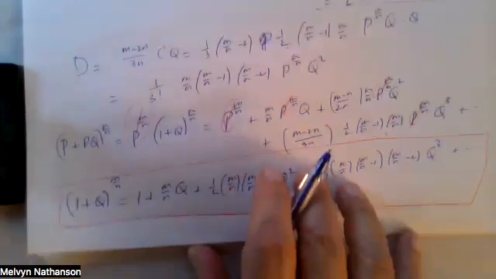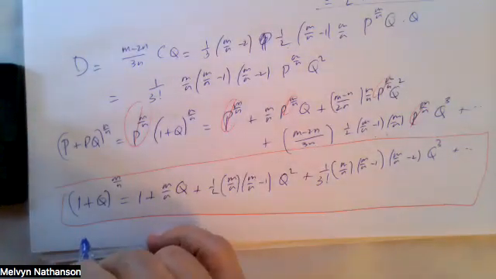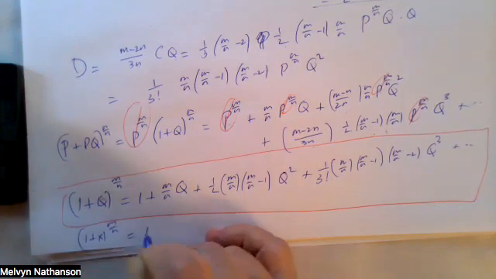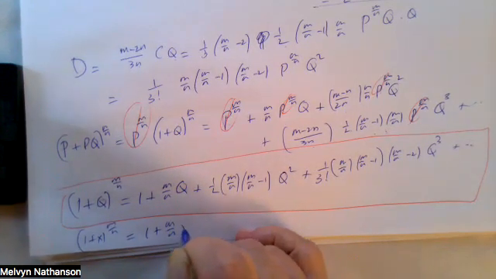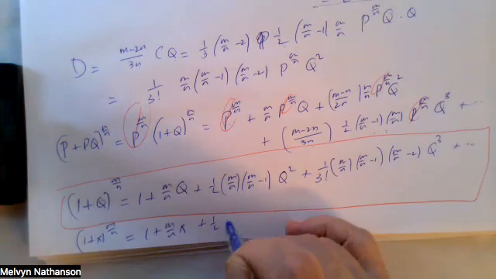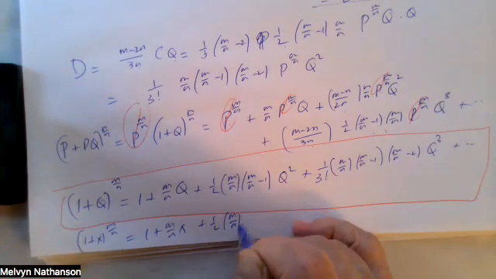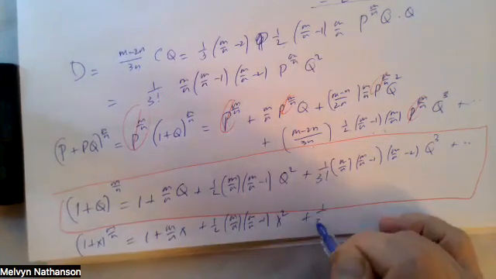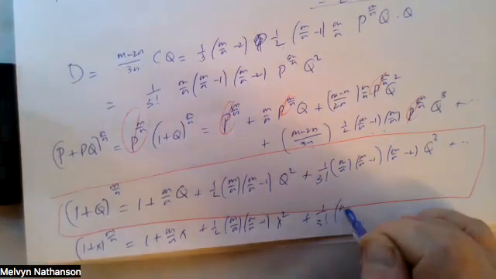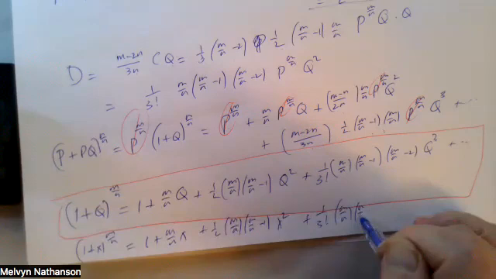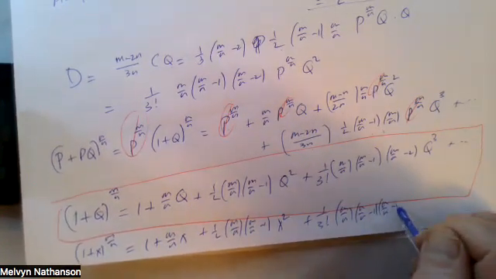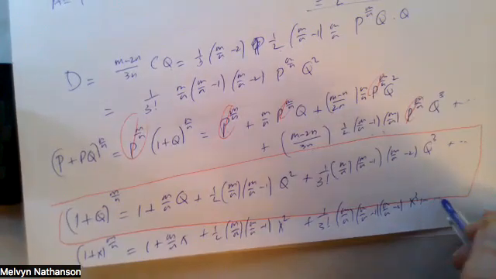If I replace Q by x, so it looks more modern, it says (1 + x)^(m/n) is 1 + (m/n)x + 1/2 (m/n)(m/n - 1) x squared + 1 over 3 factorial (m/n)(m/n - 1)(m/n - 2) x cubed and so forth.